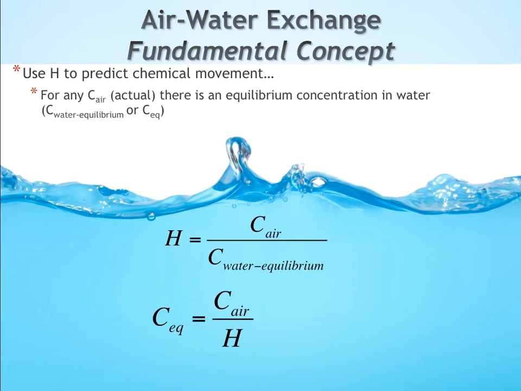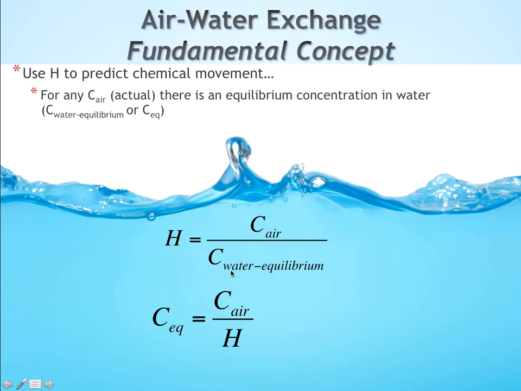Okay, so the basic idea is that for any actual measurement of the concentration of a chemical in the air, there will be an equilibrium concentration in water. And we can call that C water at equilibrium, or we can just abbreviate it as CEQ. So to use this idea, we're just going to rearrange this equation.